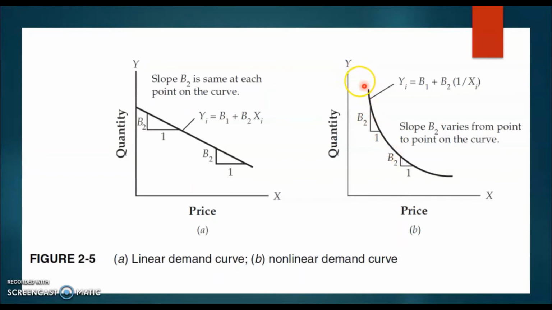So the slope, or the value of beta 2, varies from point to point on the curve. The value of beta 2 is different across different price levels, or different x values.